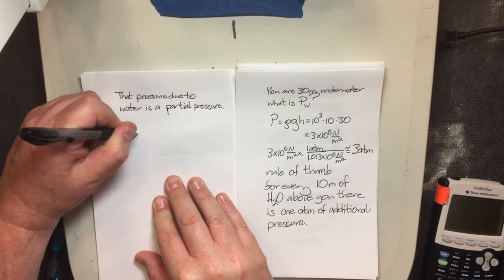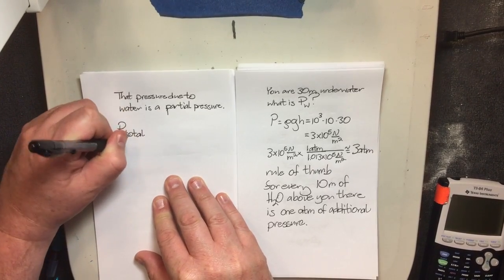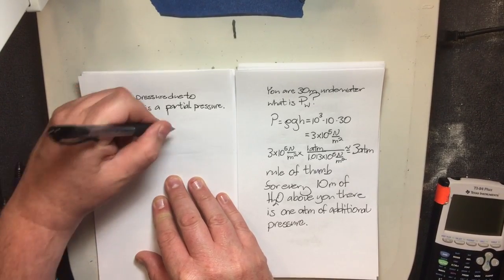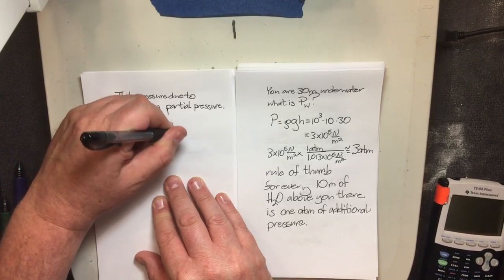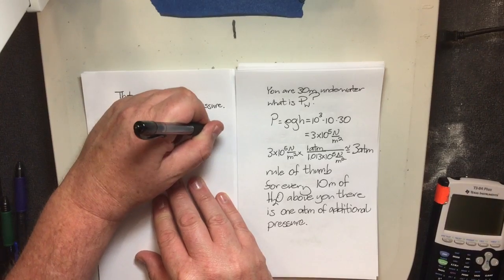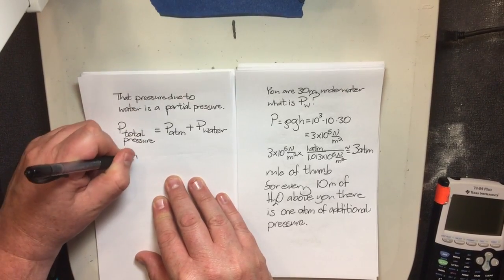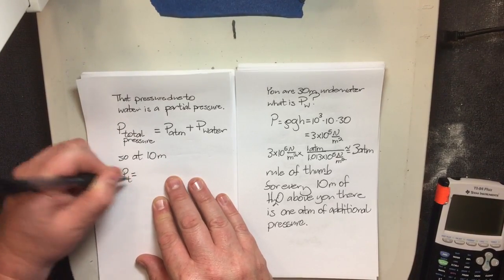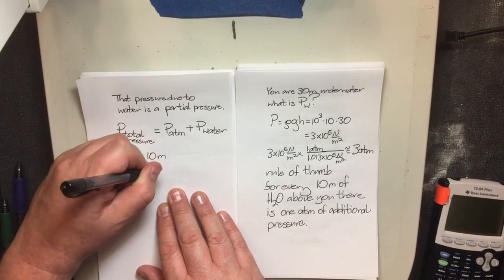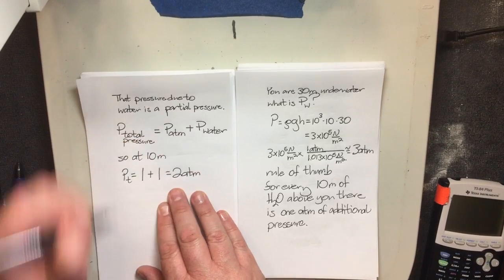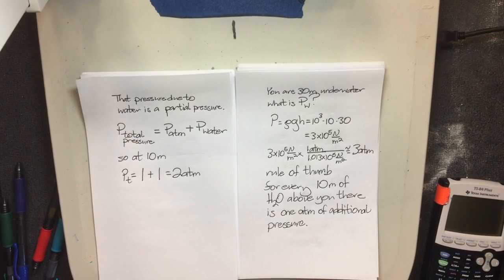The total pressure is atmospheric pressure plus the pressure of the water. So at 10 meters, pressure total is 1 for atmosphere, 1 for the water, or 2 atmospheres. The total pressure on your body at 10 meters is 2 atmospheres.